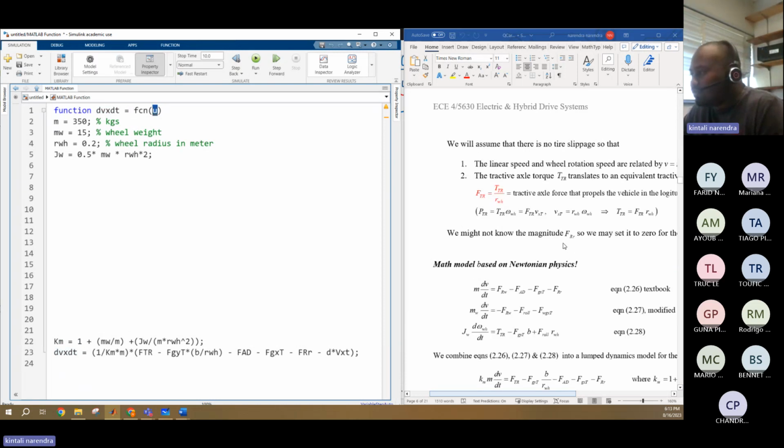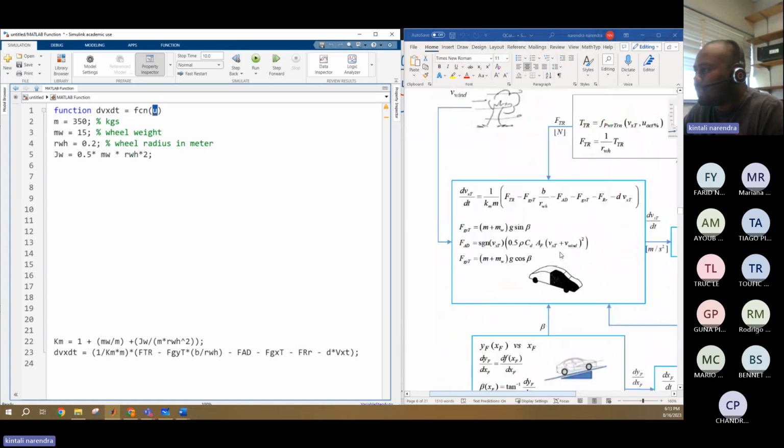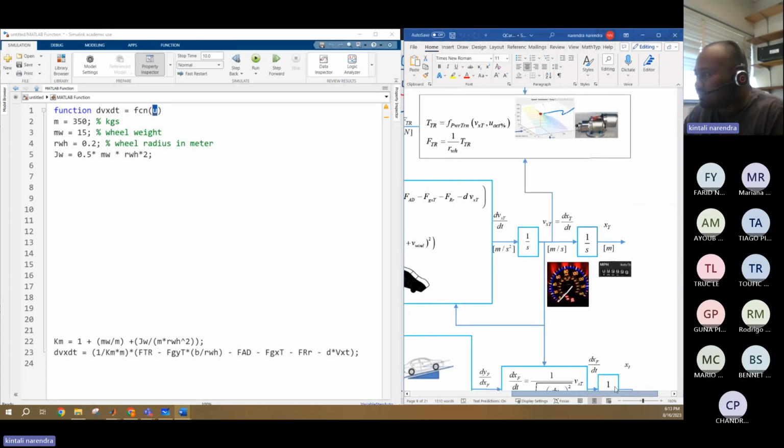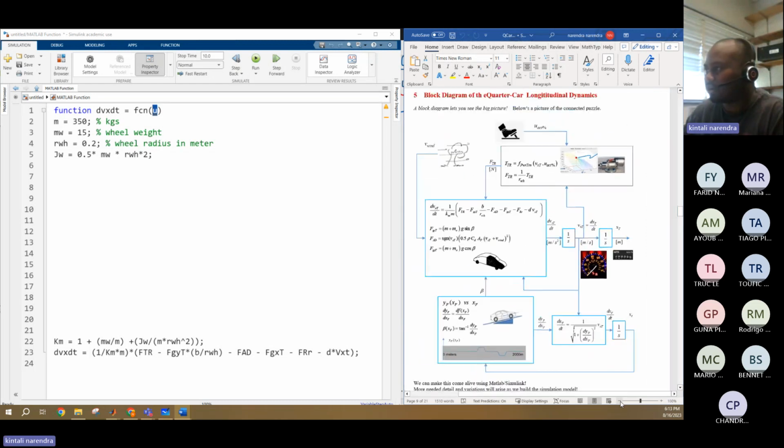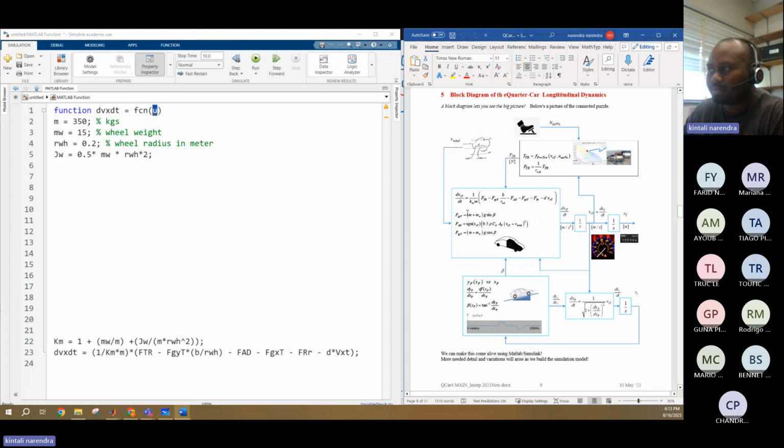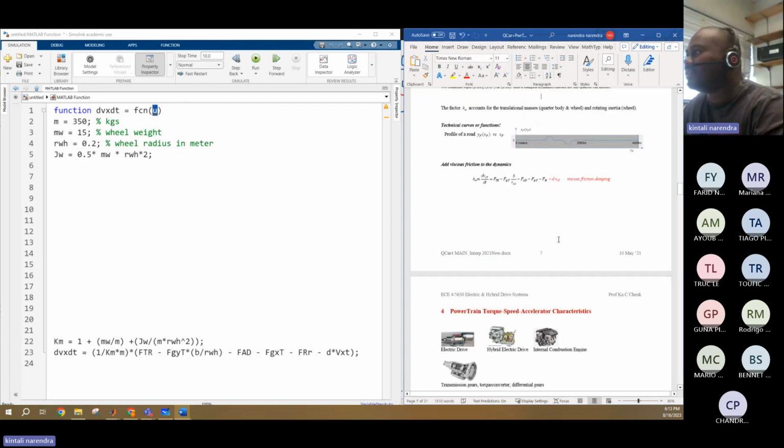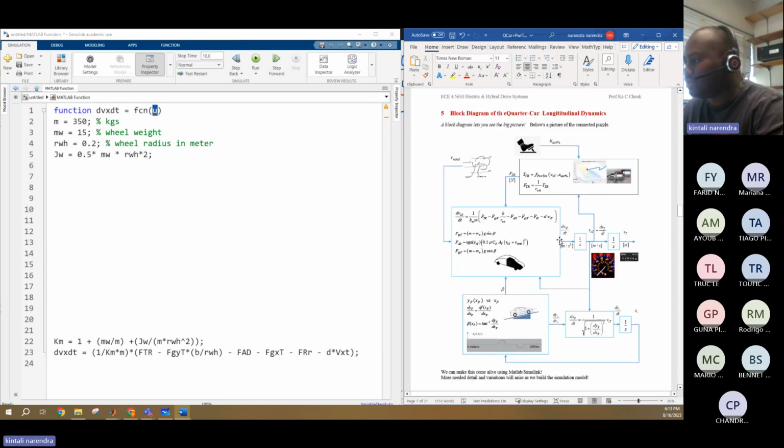Now if you go to the main block diagram, what are the inputs to this block? FTR, vwind, beta, and vxt are the inputs. If you look at the Word document, you'll understand that these are the inputs: vwind, beta, vxt, and ftr. So you need to define the inputs in the place of u.